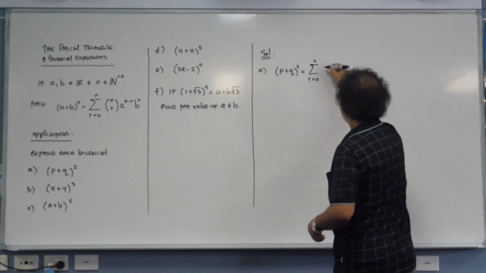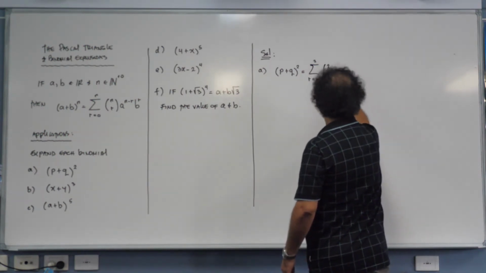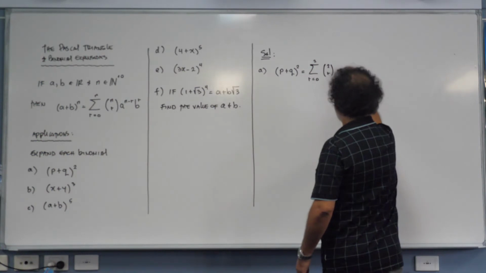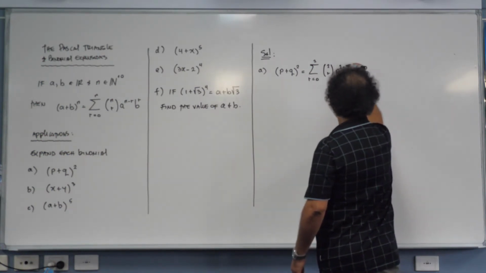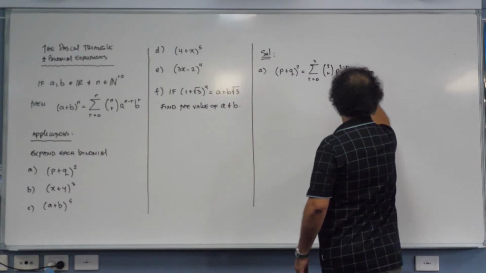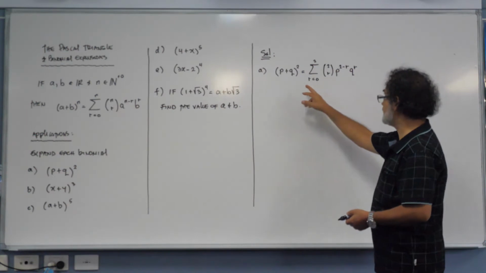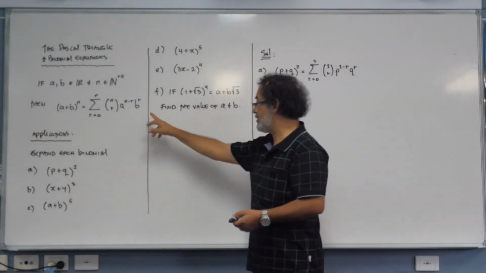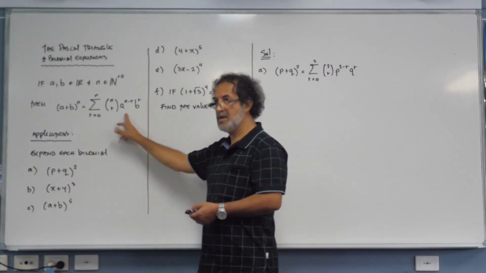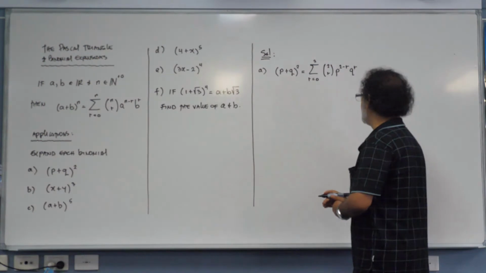And then the binomial coefficient, 2 choose r, and then p to the power of 2 minus r, and then q to the power of r. All I did is substitute this number in the formula. That's all we have done.